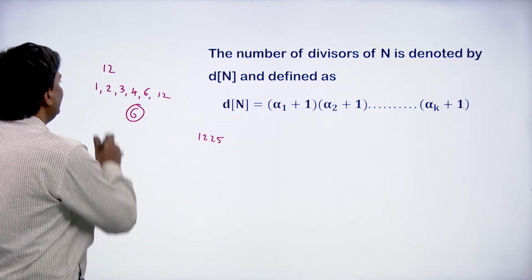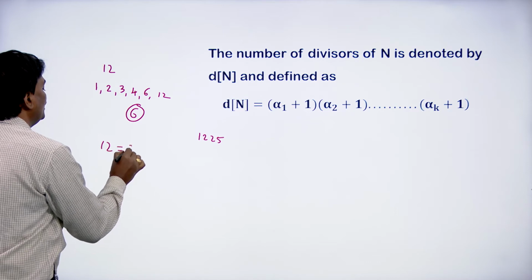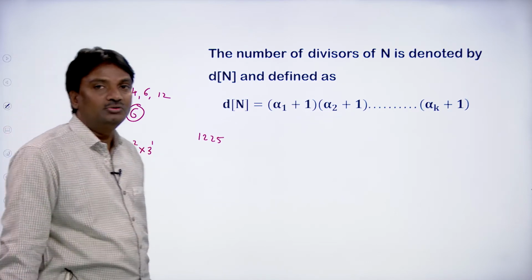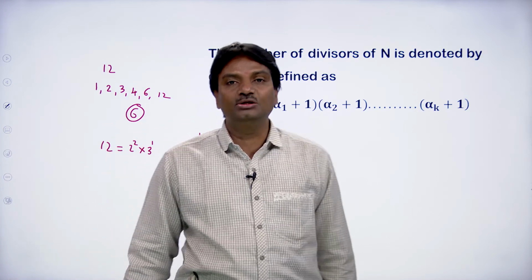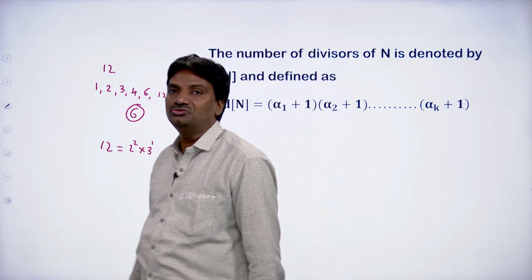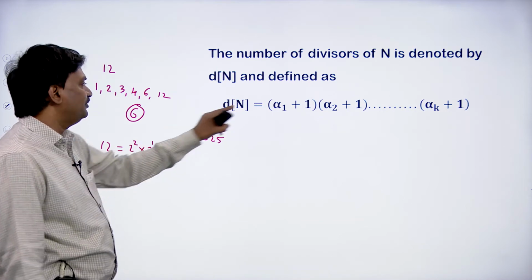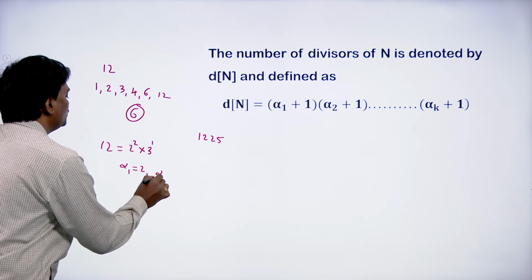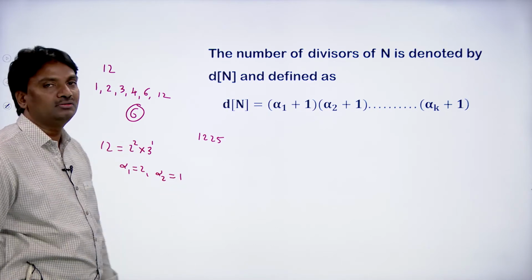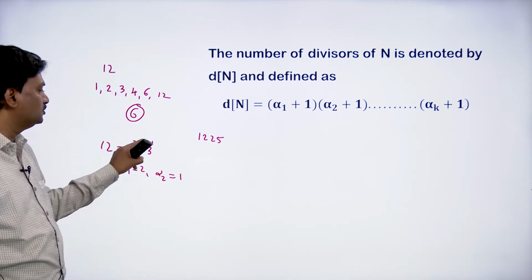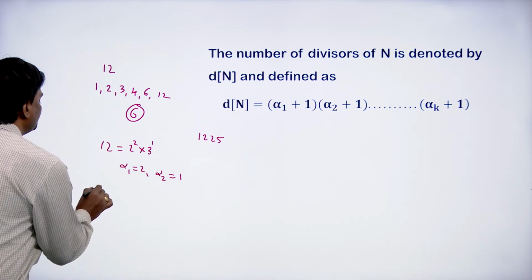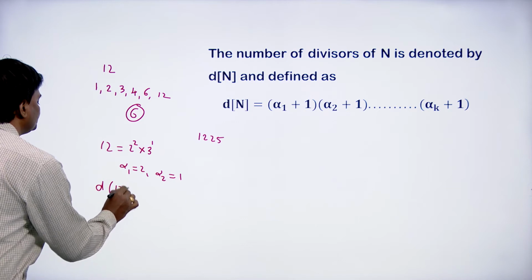Here 12 can be written as 2 square into 3 power 1. 2 square is 4, 3 power 1 is 3, 4 into 3 is 12. If we compare this, in place of alpha 1 we have 2. Alpha 1 equal to 2, alpha 2 equal to 1. Now, the number of divisors means d of 12.